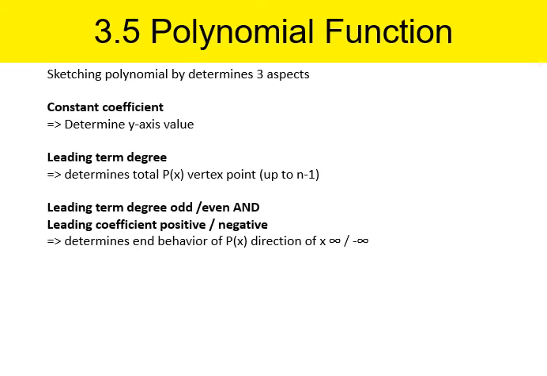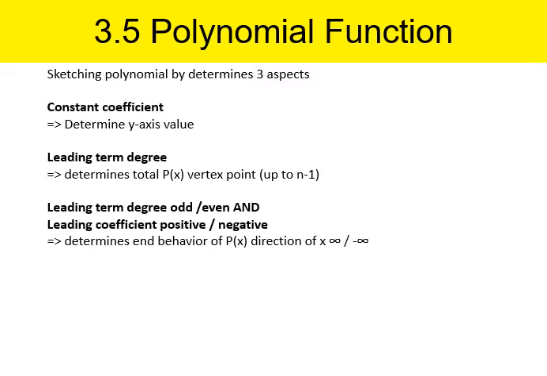Just now we learned how to divide two polynomials. Now we want to learn how to sketch, not draw, not put it in a very precise way. We want to sketch it. There are three aspects that can determine the sketching process here.